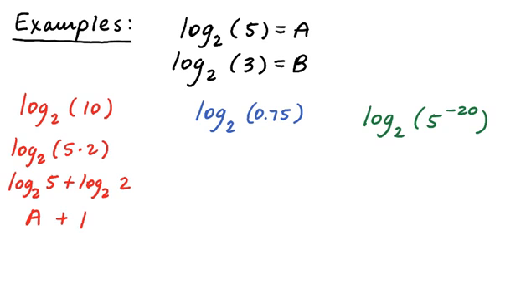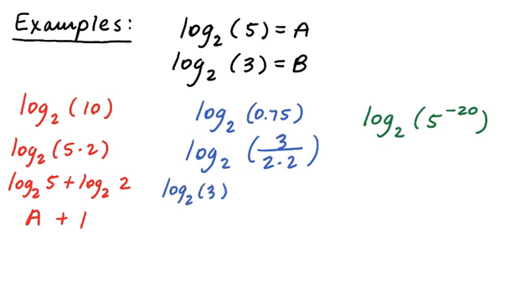So 3 divided by 2 times 2. What I'm going to do is break this up into the log base 2 of 3 divided by 2 and divided by 2 again. So this is log base 2 of 3 minus the log base 2 of 4, really. And that's something we can do mentally.